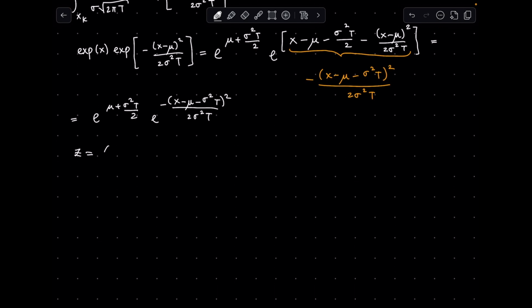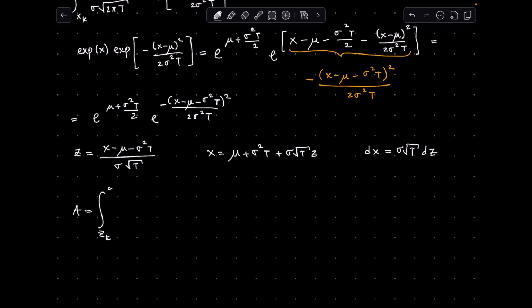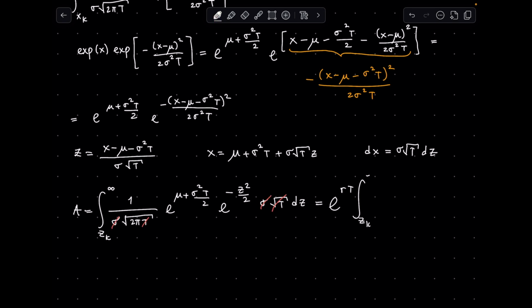Now we can do a change of variable yet again. Let z be this expression, and from here we can substitute for x and dx. Putting everything together, the integral a can be written as such. After some simplifications, we again get an integral of the standard normal PDF. Here we use the expression for mu to simplify the exponential.